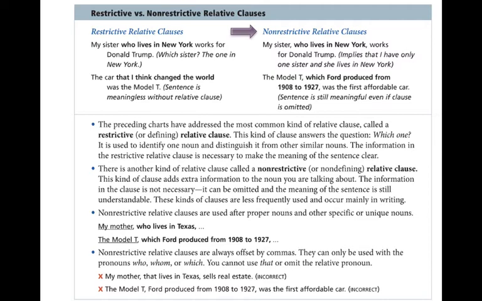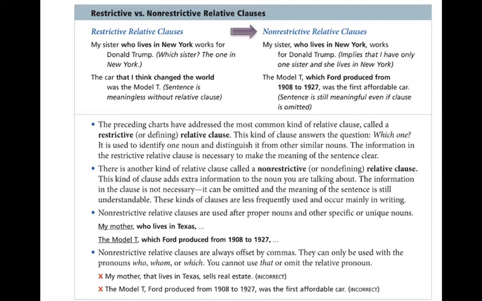The Model T, which Ford produced from 1908 to 1927, was the first affordable car. Now let's suppose we take away the relative clause and we say just, the Model T was the first affordable car. Do we know which car?